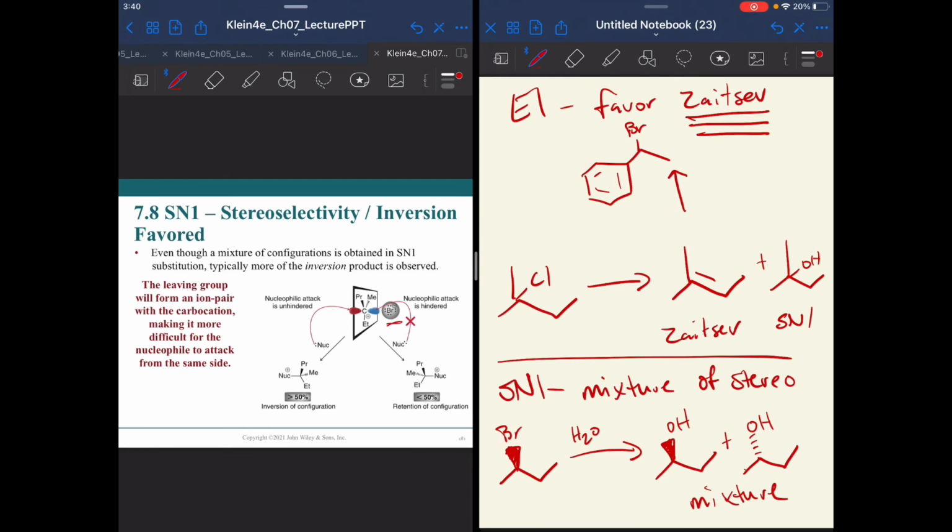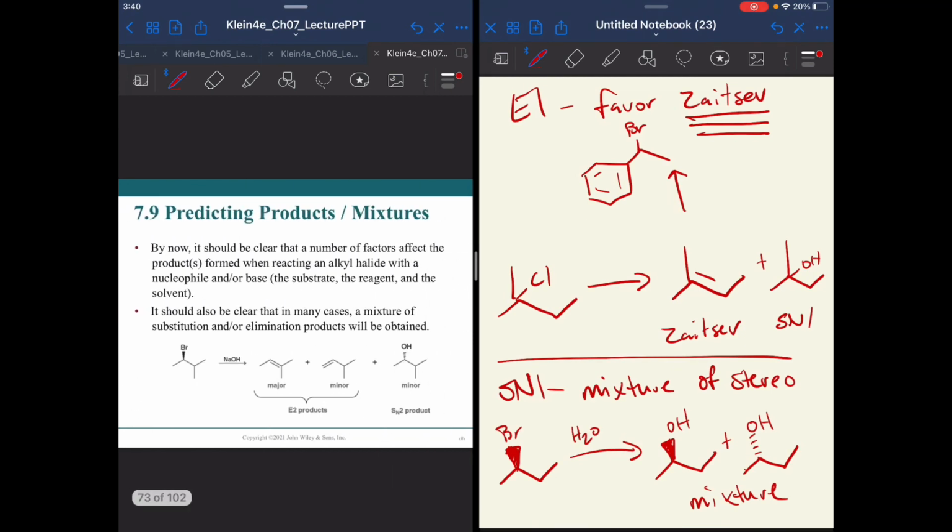It's still just a big old pile of electron density, and so it will repel that nucleophile a little bit. Now, they put an X. They shouldn't put an X. It still happens. They're just saying it's a little bit less than 50%. So instead of getting a purely racemic mixture at the end, you do have a little bit of a favoring for the inversion product. But SN1 gives you a mixture.